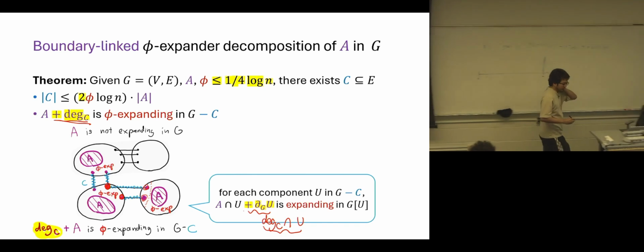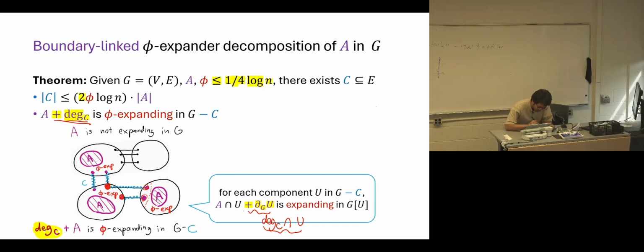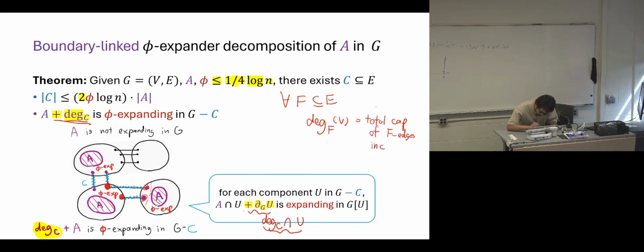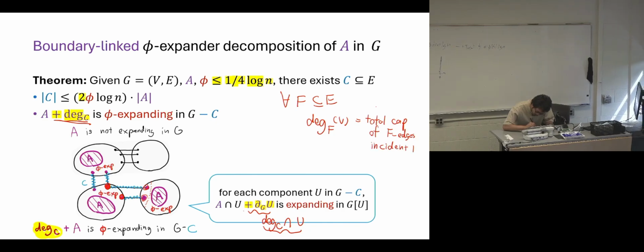For any edge set F, the node weighting of that edge set is defined to be the total capacity of F edges incident to v.